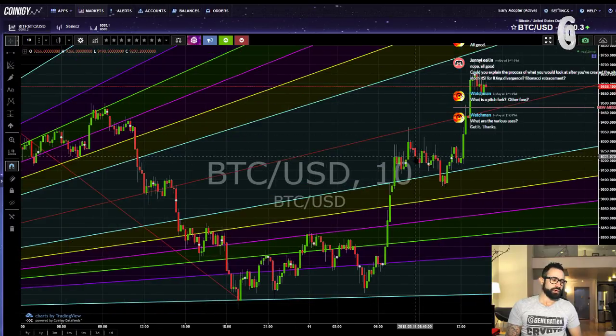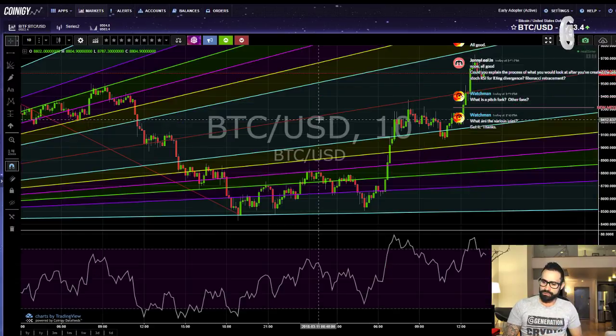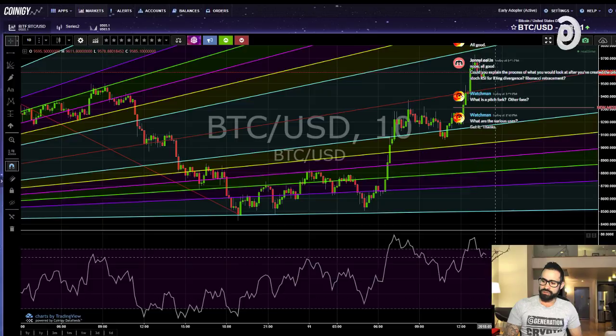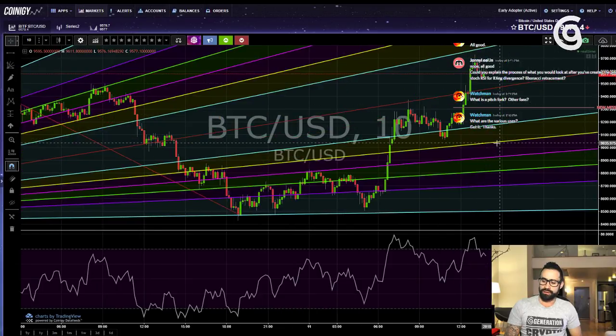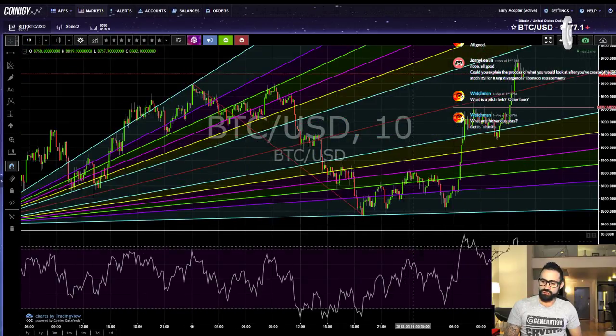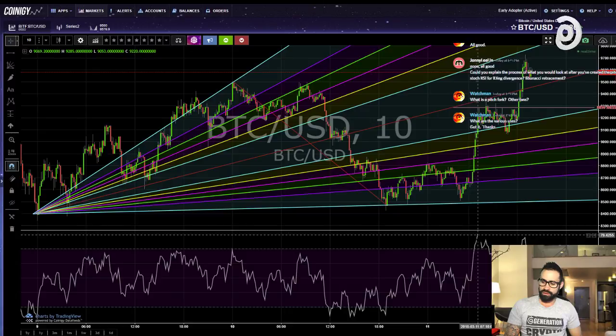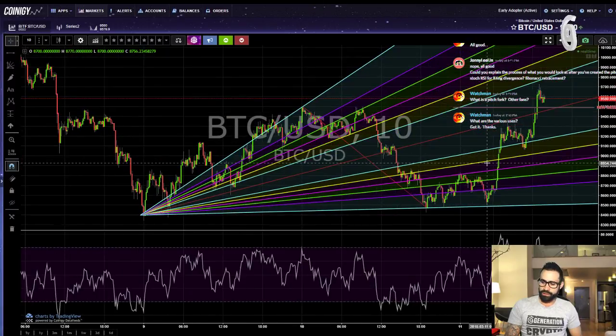So one thing I'm going to look for, depending on what's really most congruent with the way BTC is acting, is we can add an RSI and start looking for divergences to see how it's going to conform to the fan. Now, this is a 10-minute chart, and I see somewhat of a bearish divergence here.